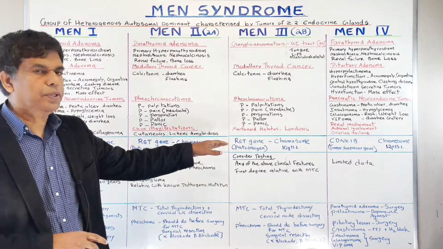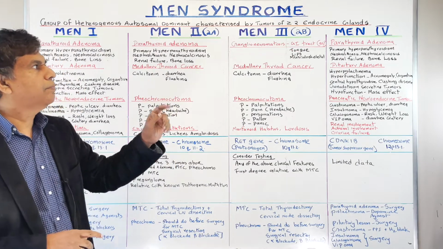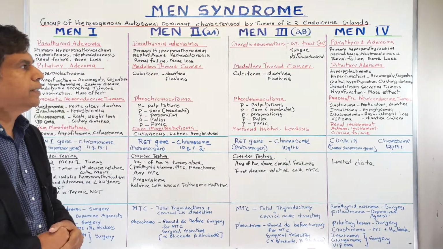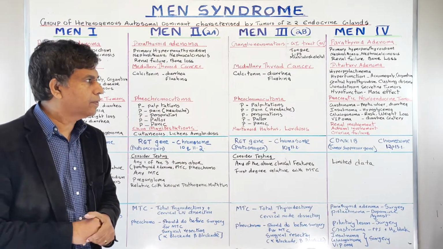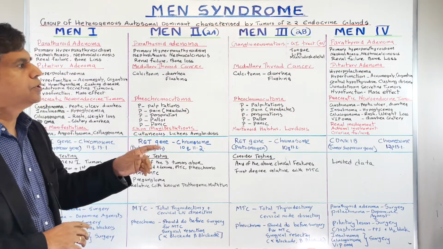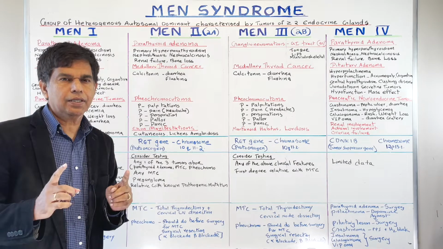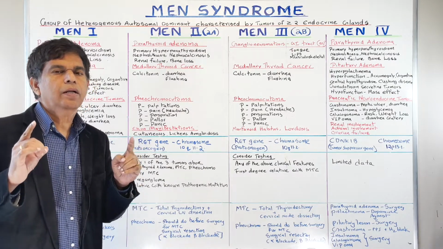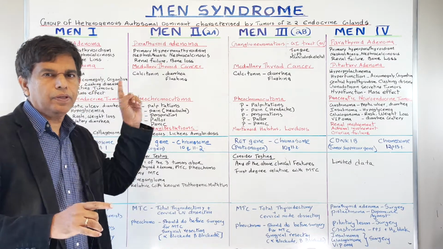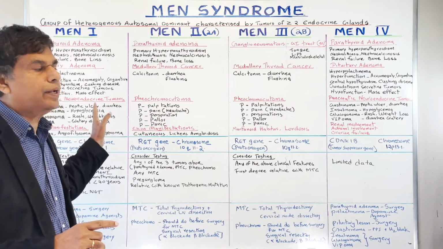The same thing pretty much over here, okay? And then MEN4, you've got parathyroid adenoma, pituitary adenoma, pancreatic neuroendocrine tumors, but the renal involvement, adrenal involvement, and ovarian failure make this distinct from type 1, or MEN1.